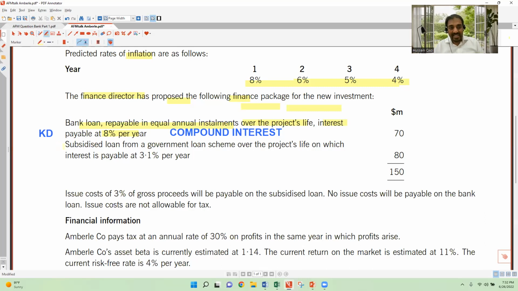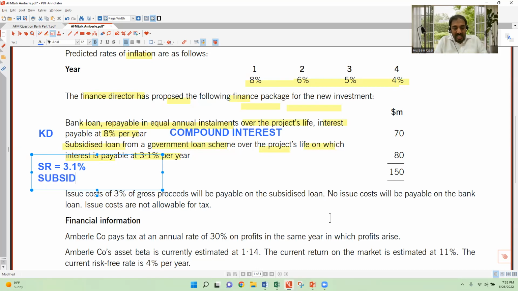Moreover, there is a subsidized loan from the government loan scheme over the project life, on which interest is payable at 3.1%. So very important: KD is 8%, the subsidized rate is 3.1%, and the subsidy in percentage is 8 minus 3.1, which equals 4.9%.